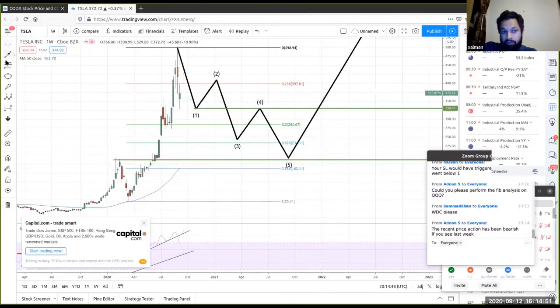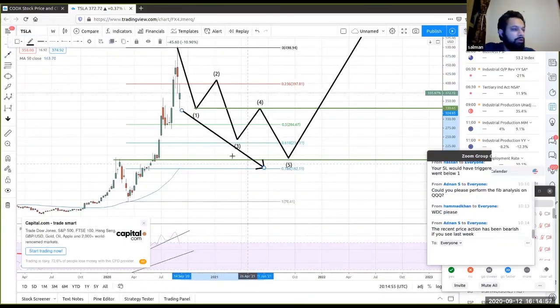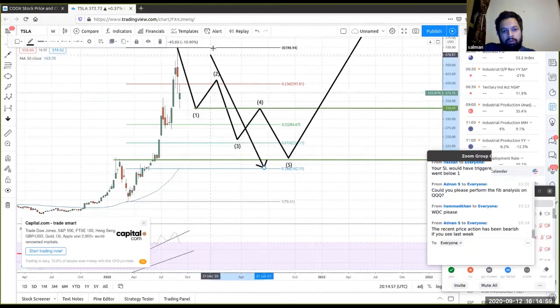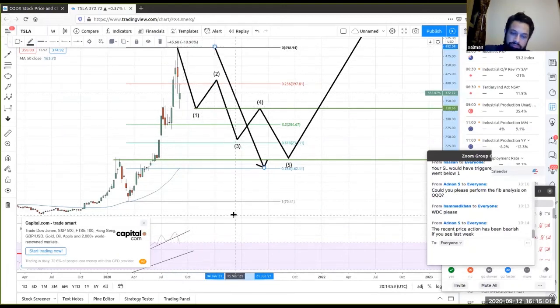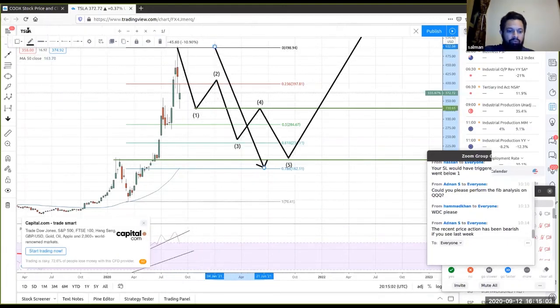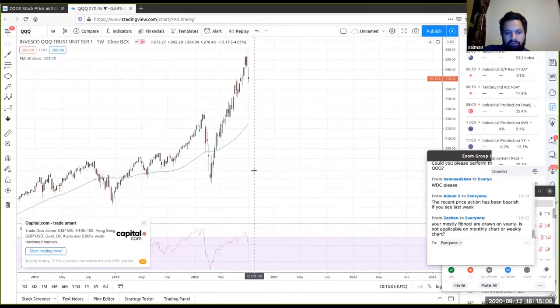It might happen something like this on Tesla too, and maybe in QQQ it will go up again, find a double top, and then go back down again. So this is also a possibility here. So at the moment, QQQ is very difficult to predict.